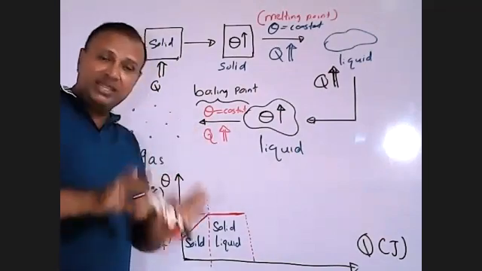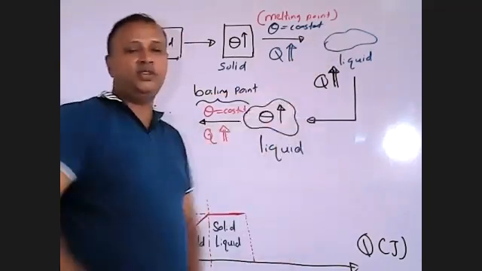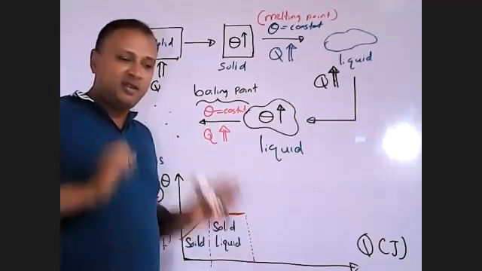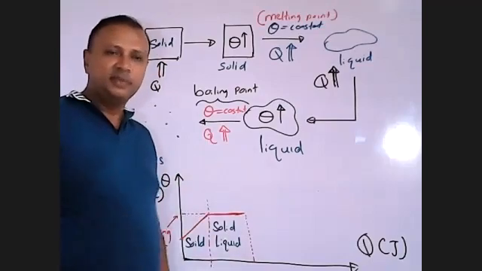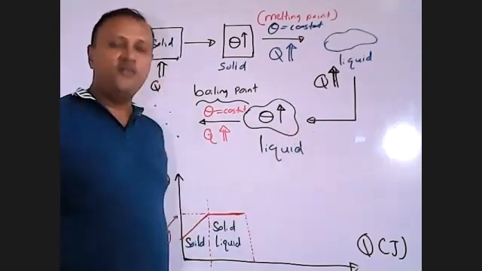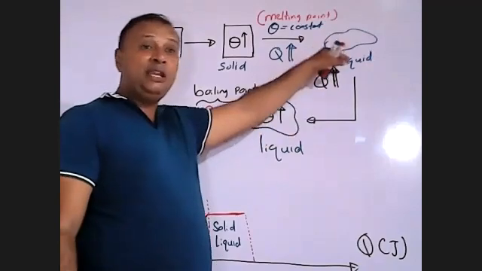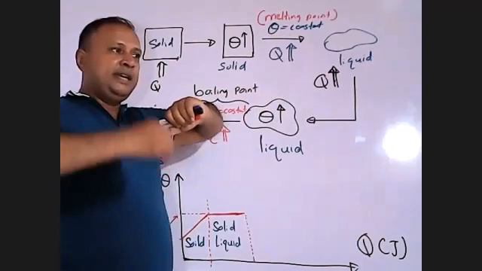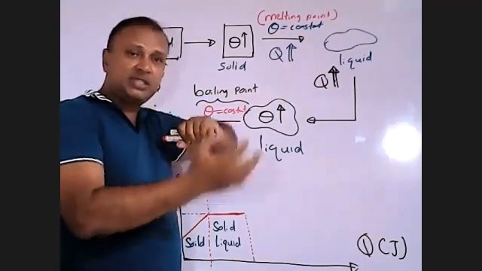Using that heat, the kinetic energy of the particles increases, that means they are moving or vibrating faster. Then the same thing will happen. Once we supply heat to this liquid phase, the kinetic energy of the particles increases.